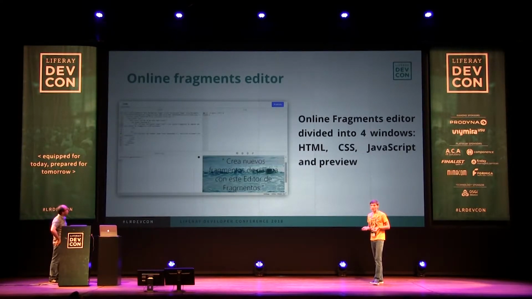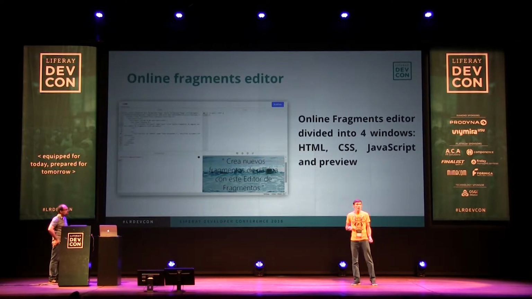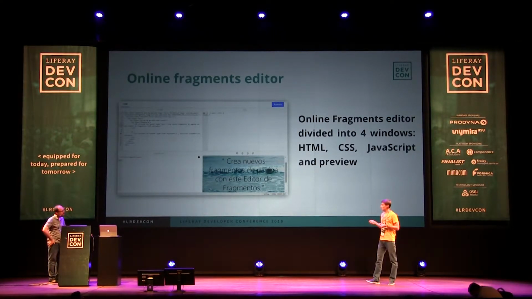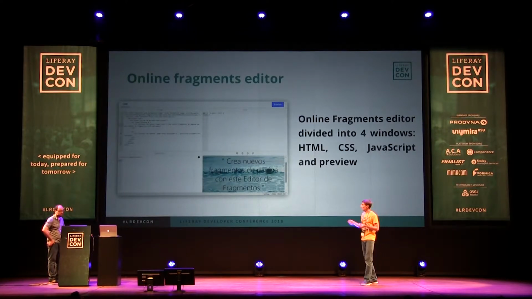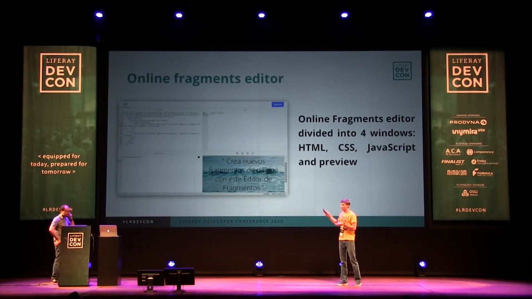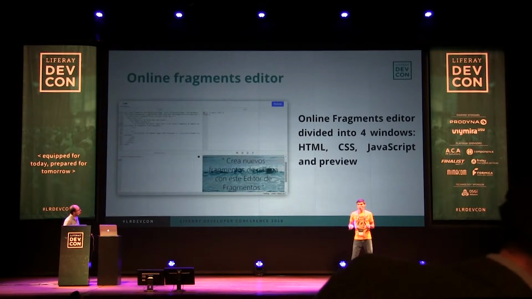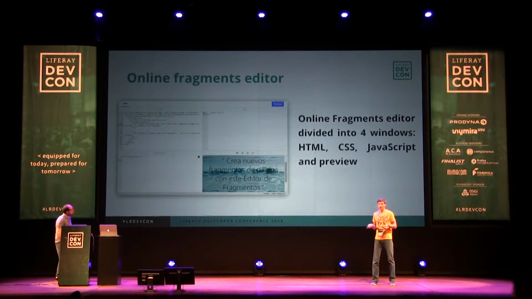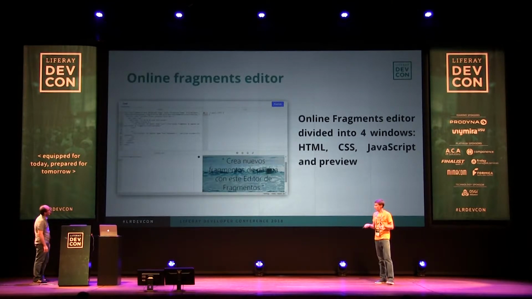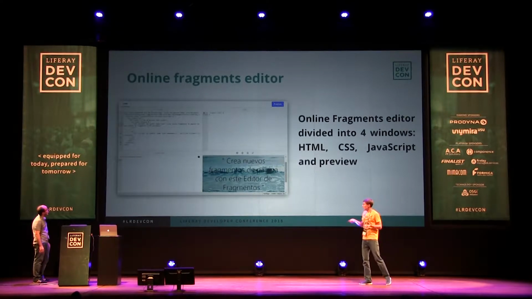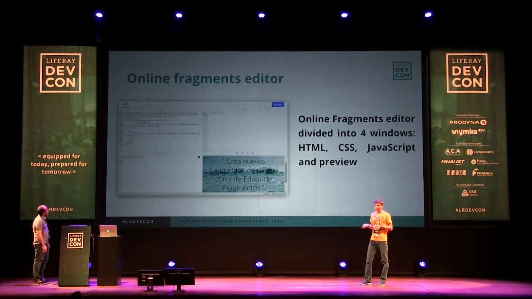To create fragments is really easy, and in Liferay 7.1, we have a fragments administration application where we have a fragments editor divided into 4 windows. 1 window for HTML markup, 1 for CSS style sheet, 1 for JavaScript code, and the preview window. It's really similar to the famous online tools like JS Fiddle and CodePen. So for web developers, it must be really similar and really comfortable to work with.